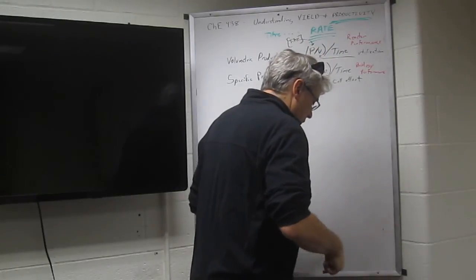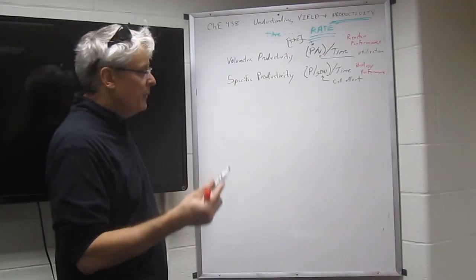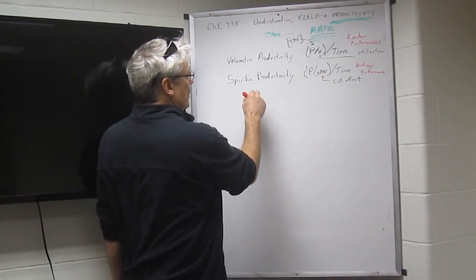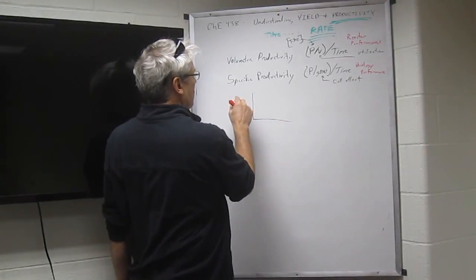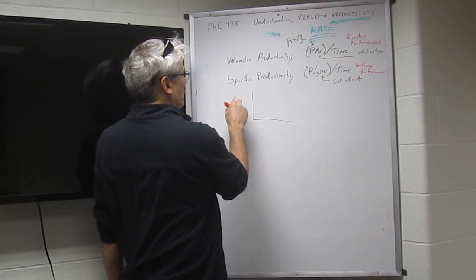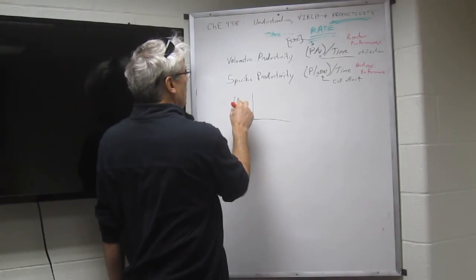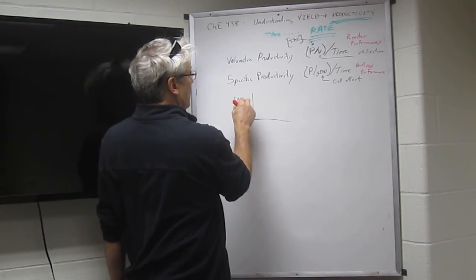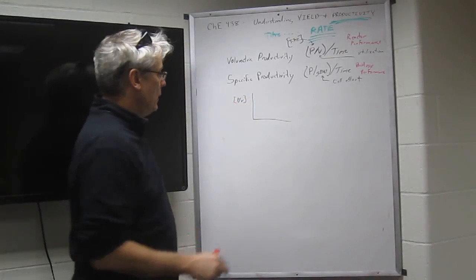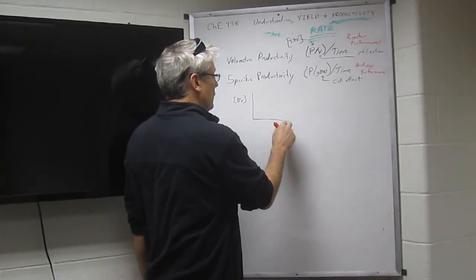Now, in terms of how you evaluate this, well, most of the time what you'll often see is like a time course where you'll have something like the concentration of the product, which will be, for instance, product per volume, if you will, and it'll be a time course.